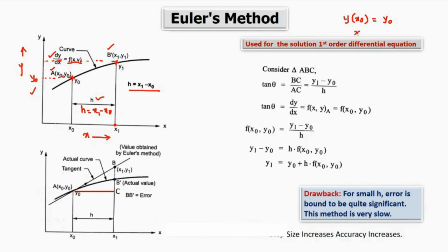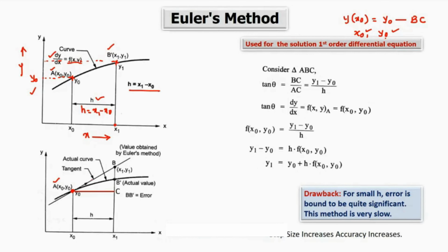So here we get some values of x0 and y0. These are called boundary conditions. Now you can see this is the point A. From the boundary conditions we know the x0 and y0 values, so A is (x0, y0).